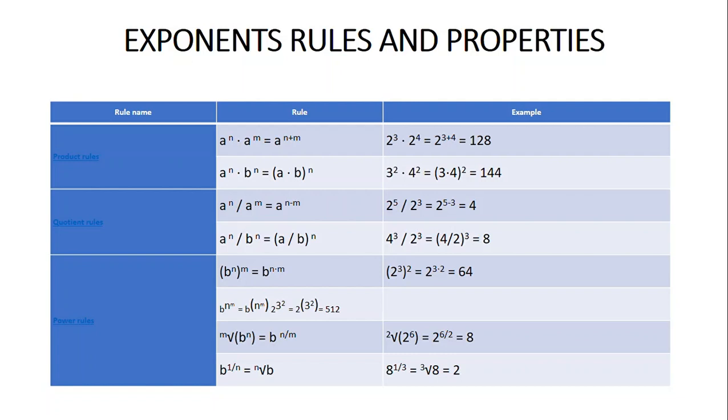Then let's check the example. 8 to the 1 over 3, then 1 over 3 is the exponent, then 3 is at the bottom of the fraction, then it's going to be the index of the root, then it's going to be cube root of 8. What happens with 1? 1 is going to be the exponent of 8, but 8 to the 1 power is 8, that's why it's not necessary to write that 1. A cube root of 8, of course, is 2.